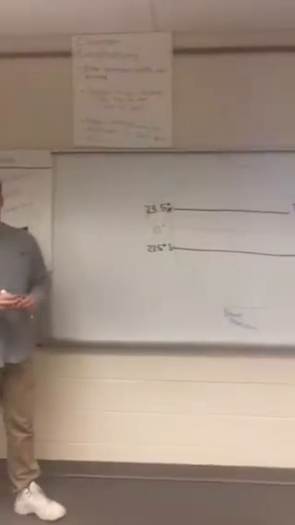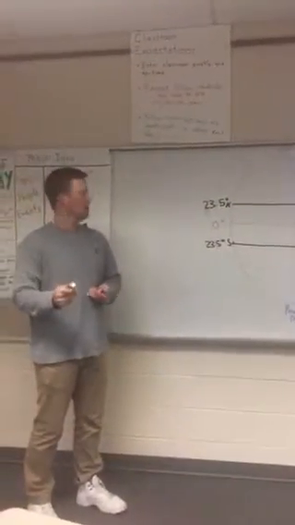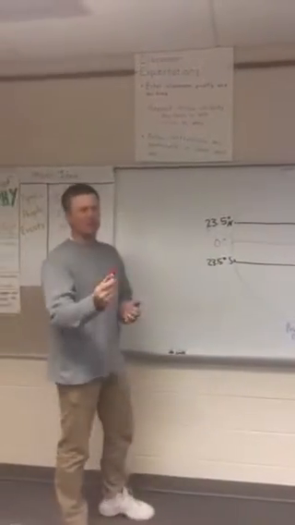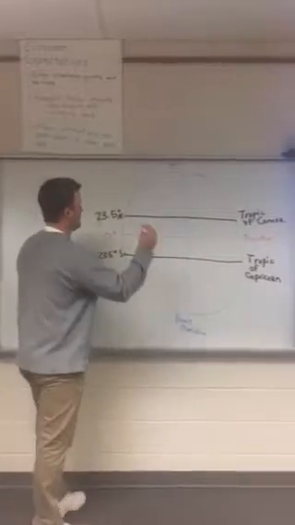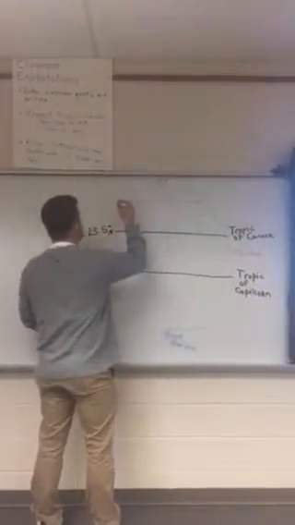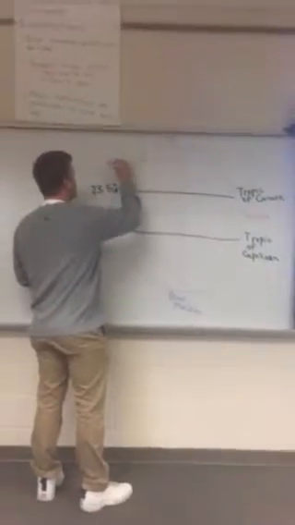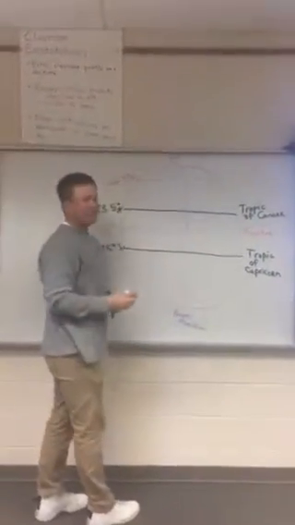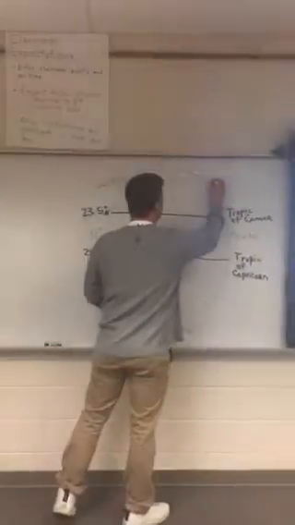All right, we have a couple more areas that we need to label on our globe up here. I'll just label them in red, okay? So at 66.5 degrees north, this is known as the Arctic Circle.